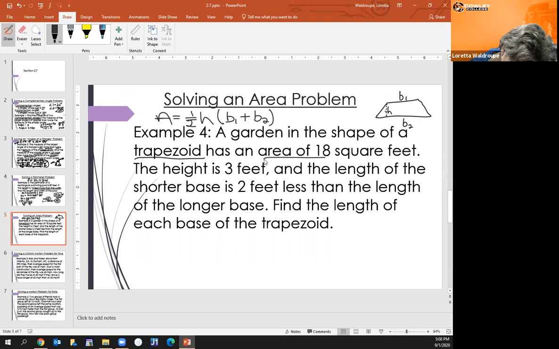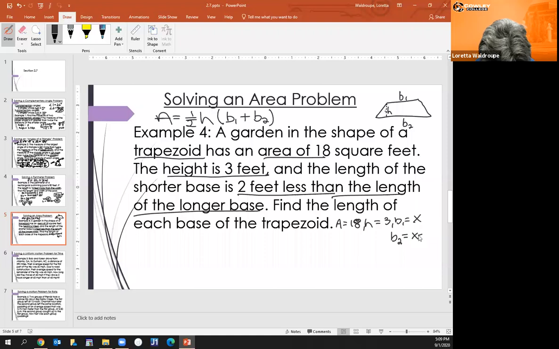So the area is 18, so that's our A. The height is 3. The length of the shorter base is 2 less than the length of the longer base. So here's what we know. Area is 18. H is 3. Base 1 we're going to call X, and base 2 is 2 feet less than that.